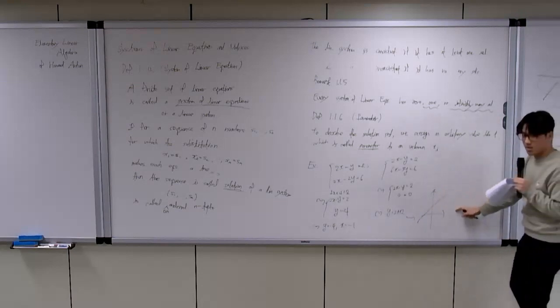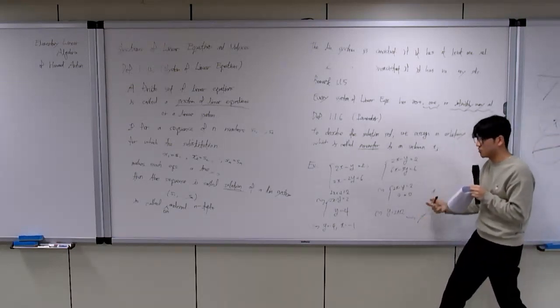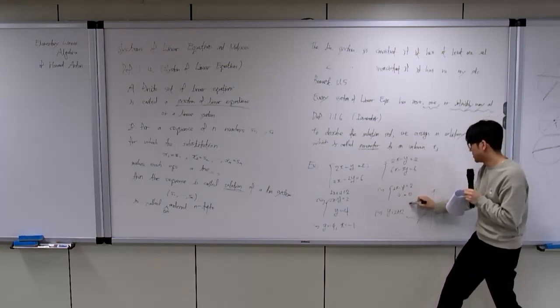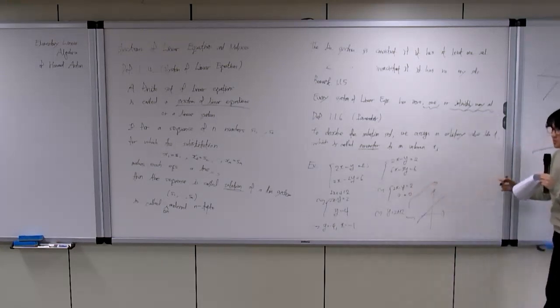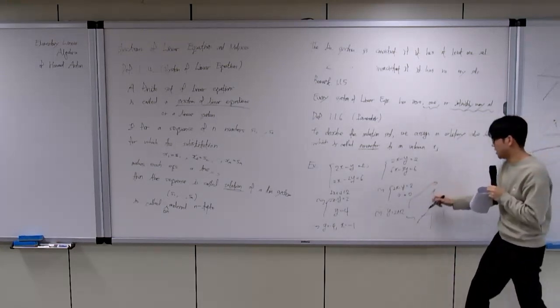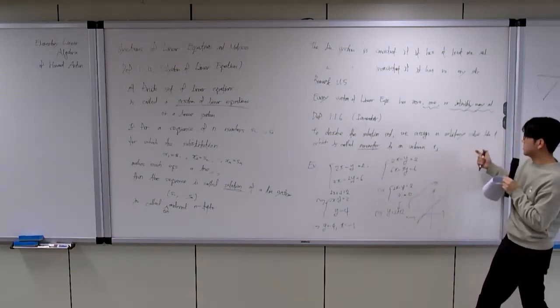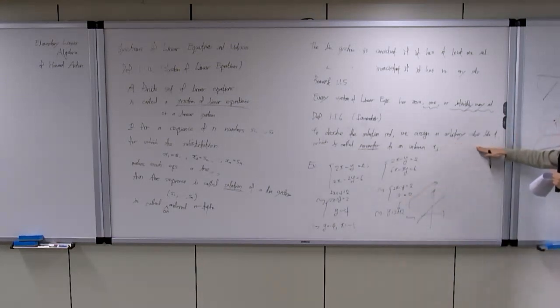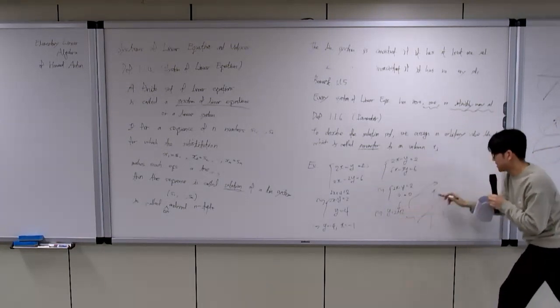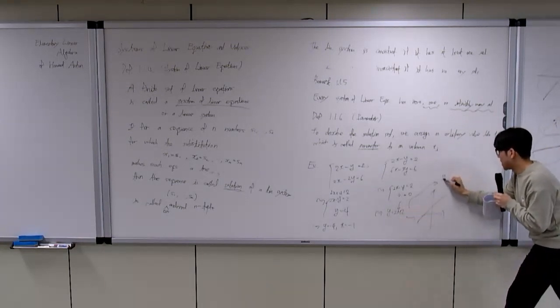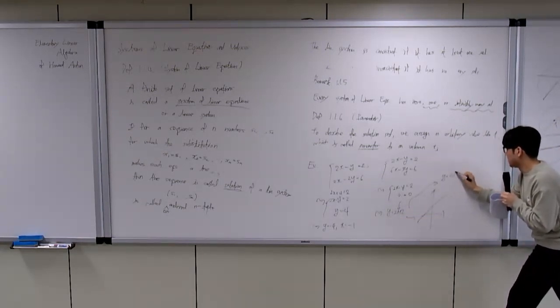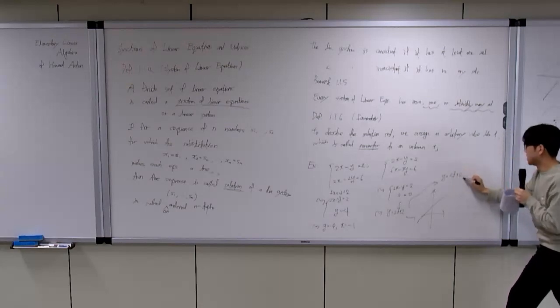To write it as a solution set, we assign an arbitrary value t to x, then y becomes 2t plus 2.